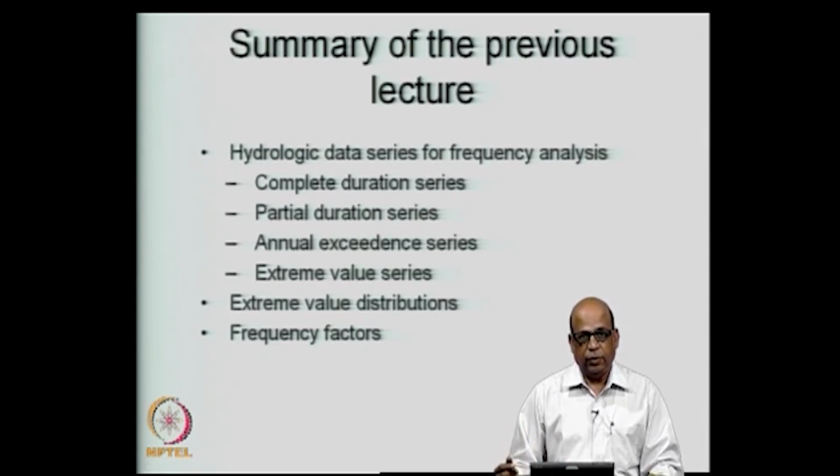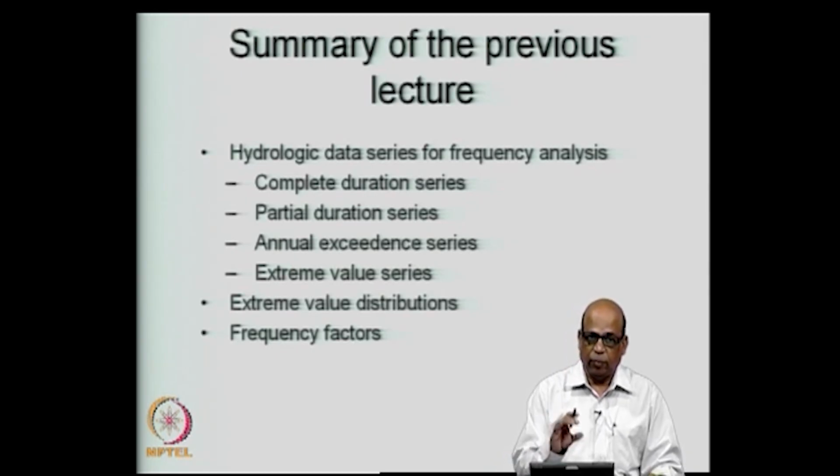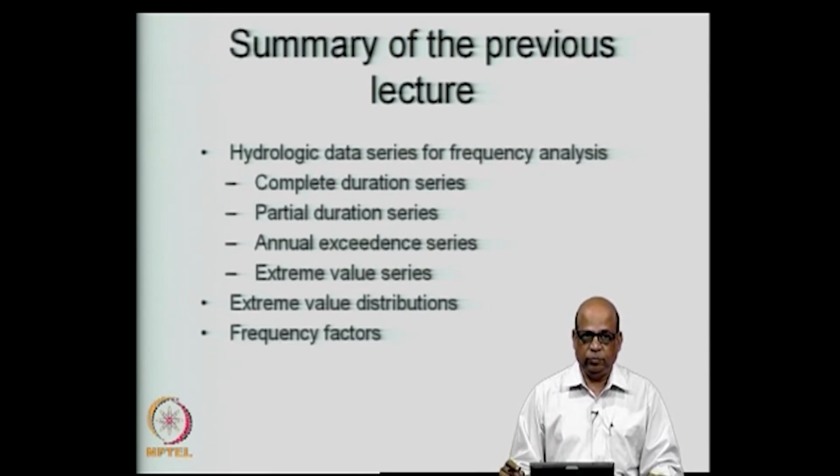That constitutes a partial duration series. In the annual exceedance series, we put this threshold such that the number of values that you get will be equal to the number of years for which you have the data. And in the extreme value series, we just pick up the extreme values, for example, annual maximum values.